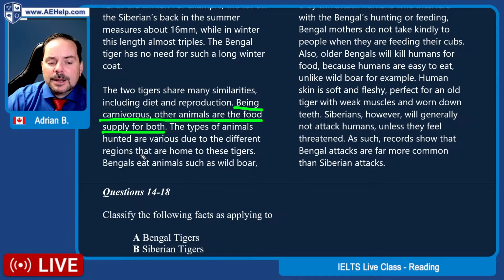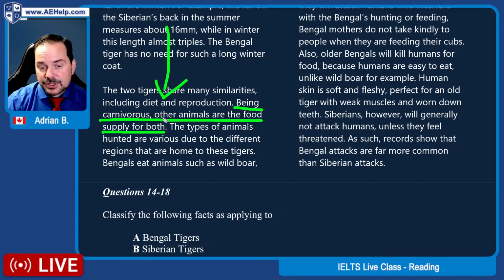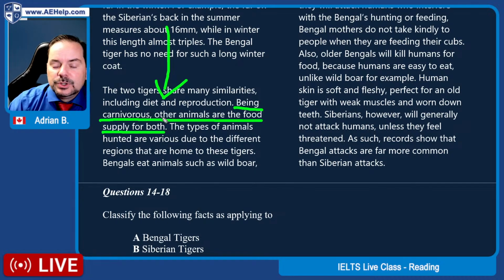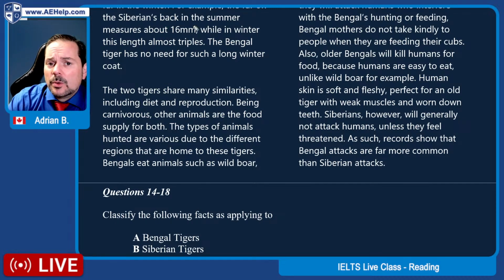Trying to skim read all the way to here. If you're skim reading without using logic, you just wasted like 2 minutes on one question. And hopefully you figured out that this word, carnivorous, means they eat meat, right? So that's the wrong way. That's the wrong strategy. Okay. So they're both carnivorous.